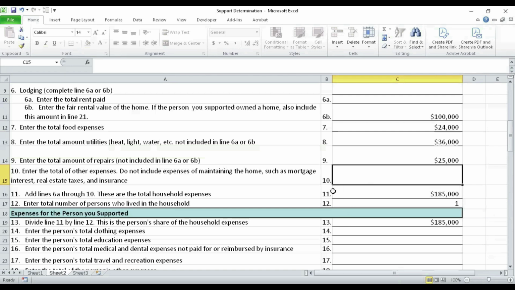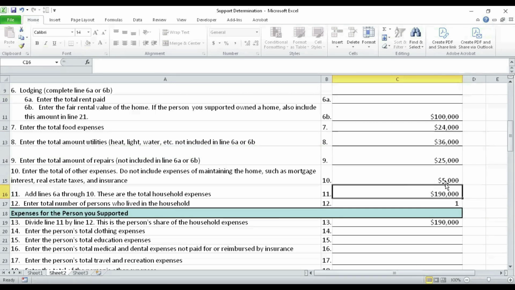So for the total expense, the other expenses were about 5,000. That includes buying a lawnmower, buying the water heater, buying a computer.